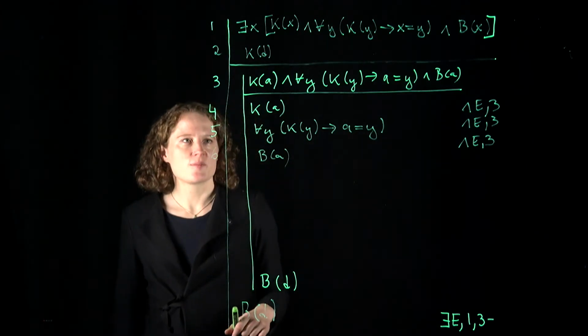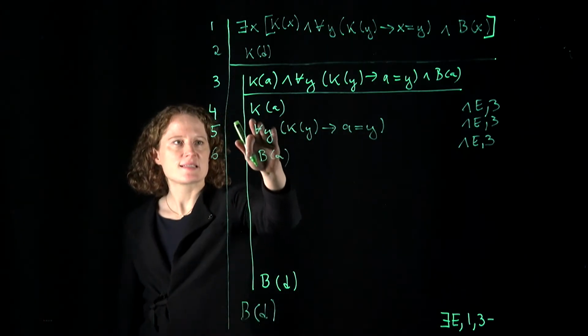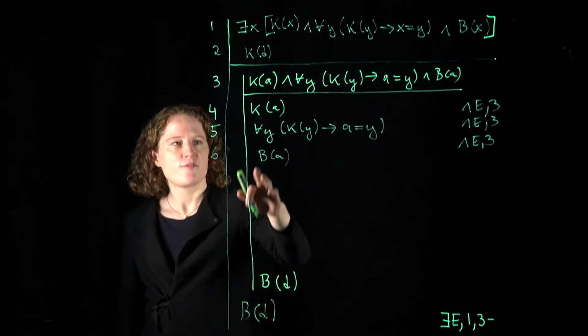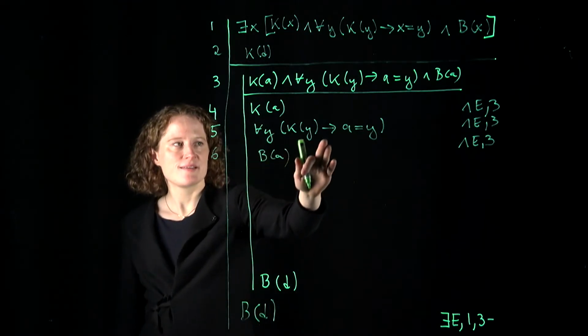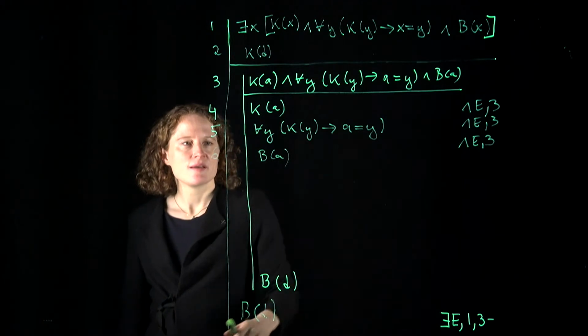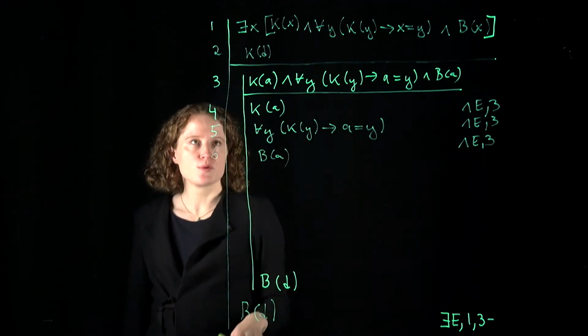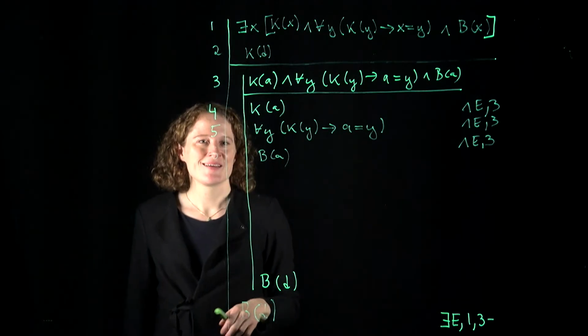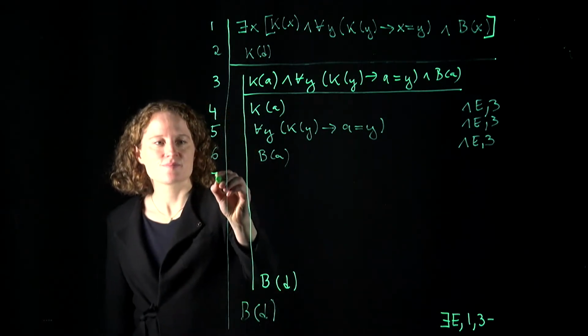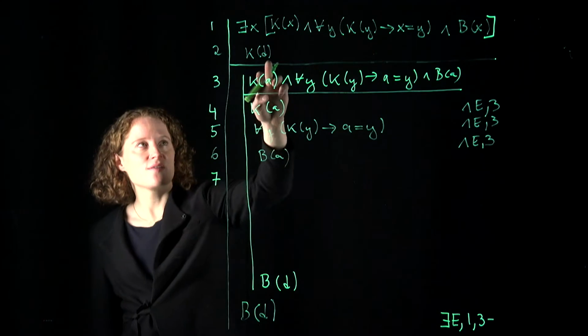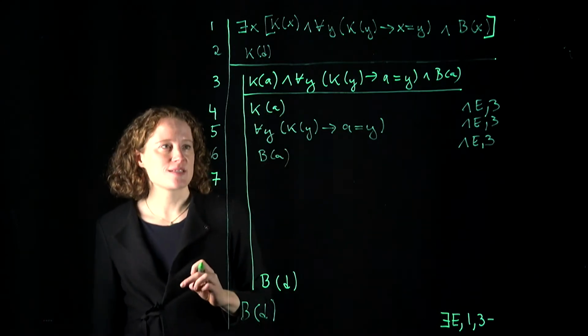So what do we have in our proof now? We know that object a is K, and we know that for all y, if y is K, then a is identical to y, and we know that Ba. And we want to prove that Bd. Okay, so we also have a little further up in our proof the premise that Kd.